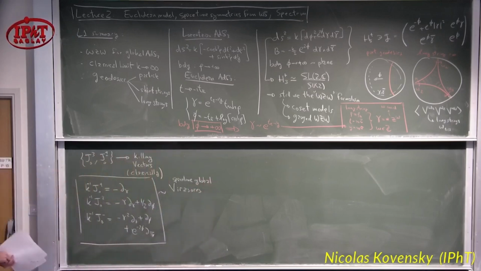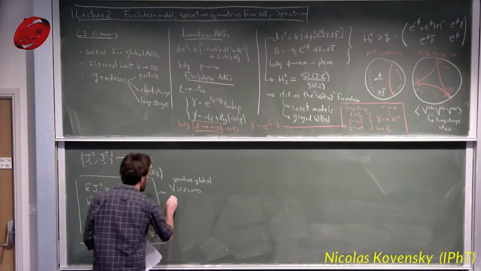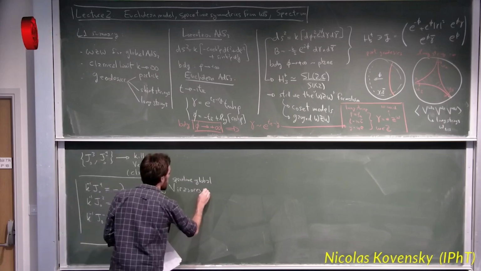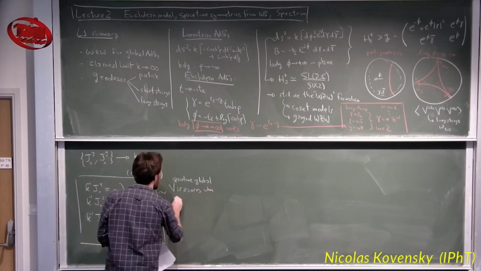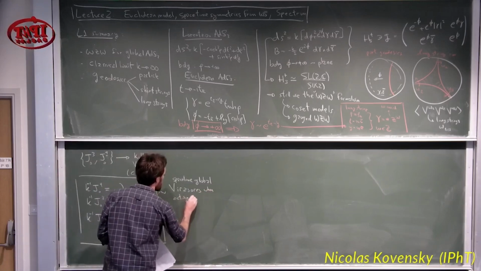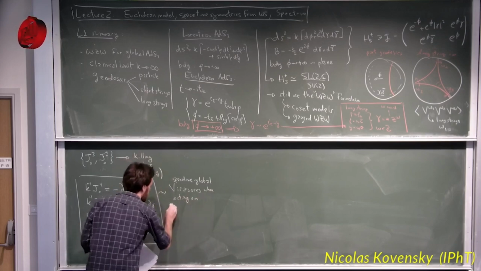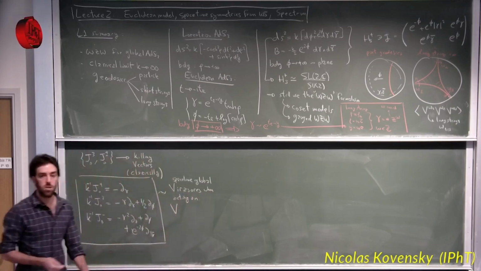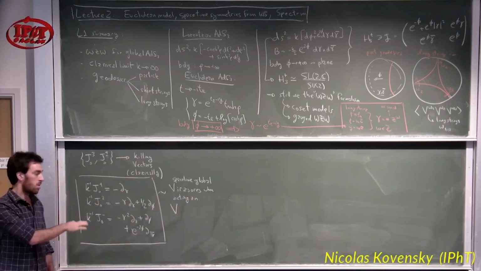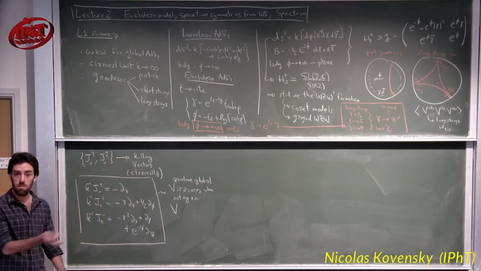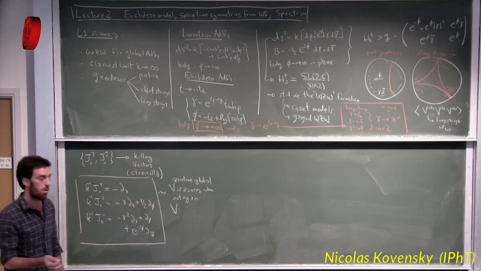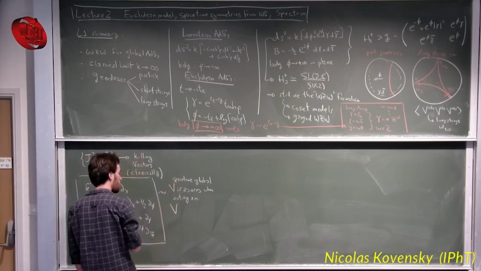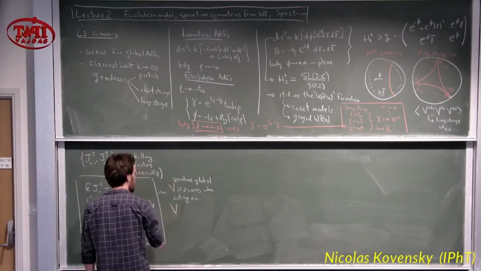if they act on a function, say some vertex operator. I'm going to use V for the vertex operator in general, but in this case it's just the classical limit, so it's just a function of the coordinates on the Euclidean AdS3, on H3.